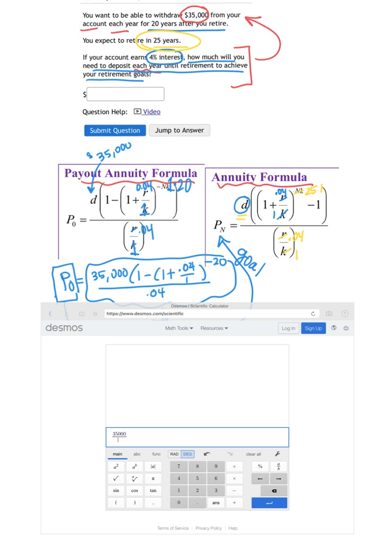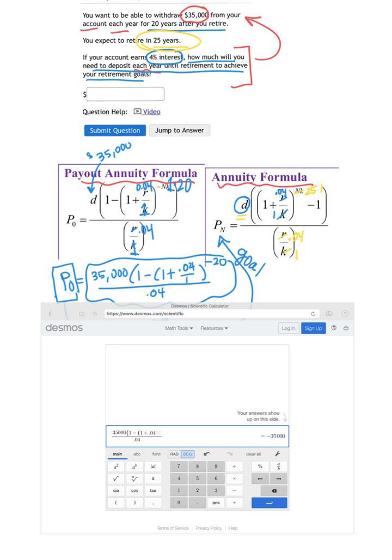I make the division symbol just because I know I'm going to have a double fraction here. 0.04 is on the bottom. But I'm still going to go back to the top. And next to that 35,000, I'm going to enter 1 minus 1 plus 0.04.